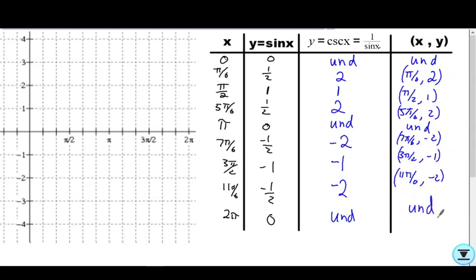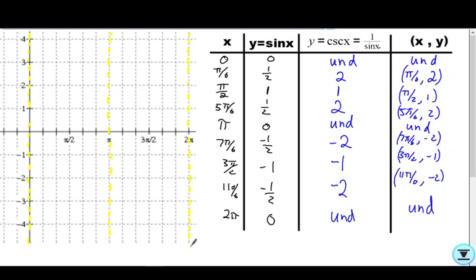So just like tangent and cotangent, cosecant has asymptotes. So that's where I'm going to start. We have asymptotes at 0, at pi, and at 2 pi.